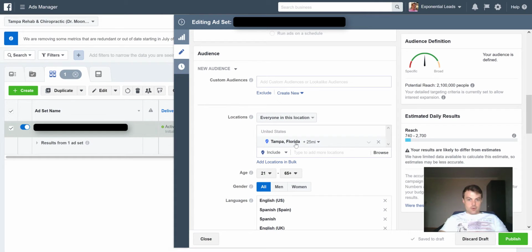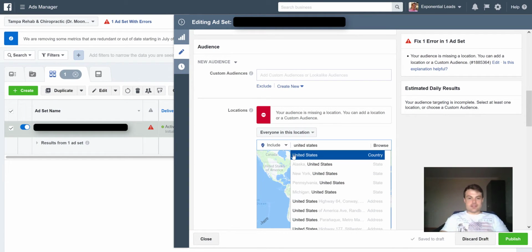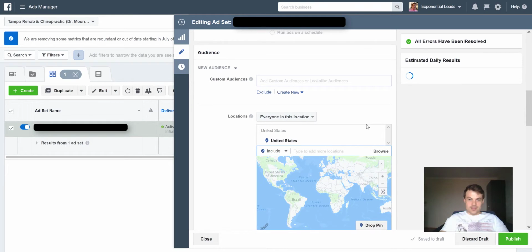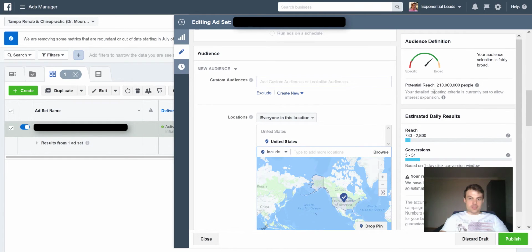Now it's only targeting Florida, but let's say I wanted to go after the entire United States. So I don't just want to target Tampa and Florida. Let's say I wanted to target the United States. I'm just doing this for the example. I would never target the whole United States, but see, the potential reach already goes up to 200 million.